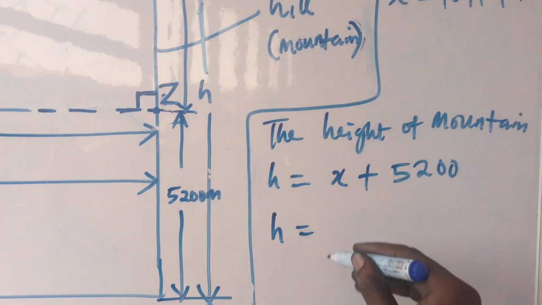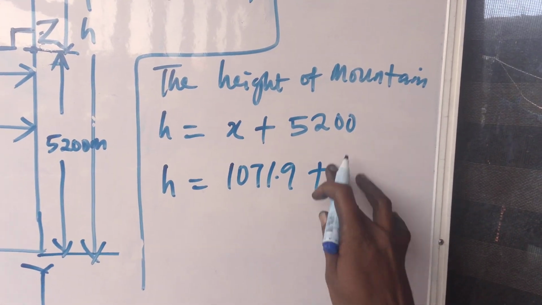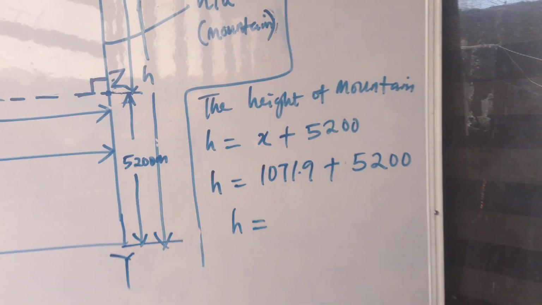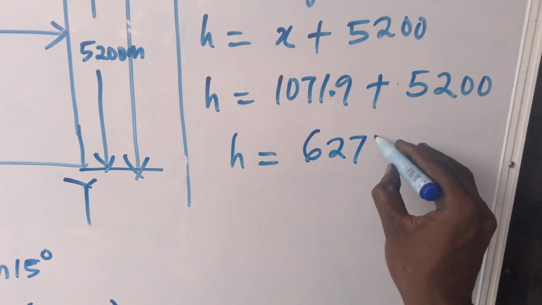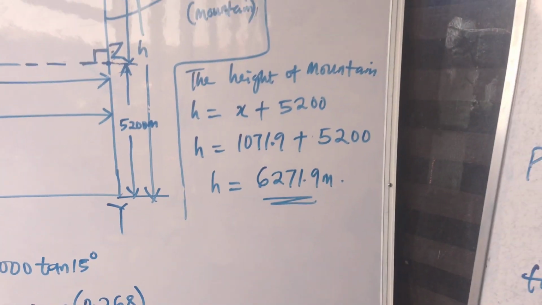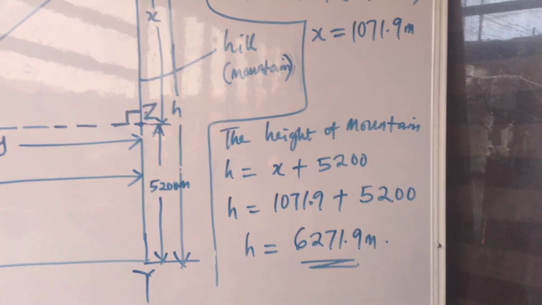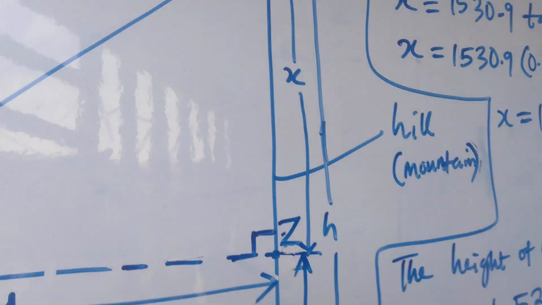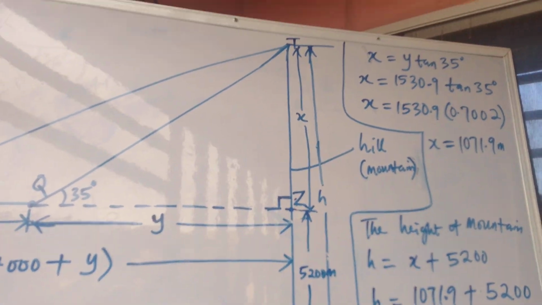The value of x is 1071.9, plus 5200. If I add them, h will be 6271.9 meters. This is the height of the mountain, 6271.9 meters. The height of the mountain has been obtained.